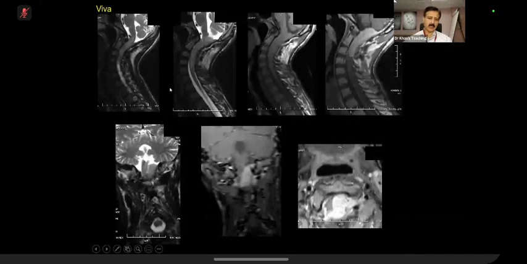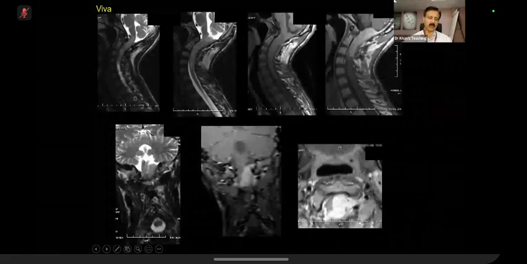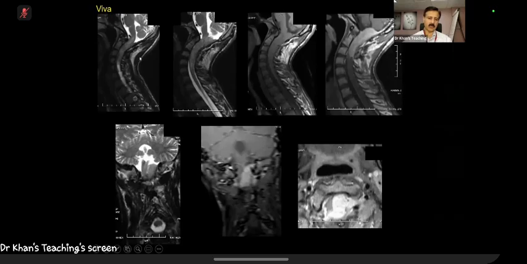Now, with that, there is a lesion sitting within the medullary spinal junction, and it is going into the cranial cavity also. What is it?